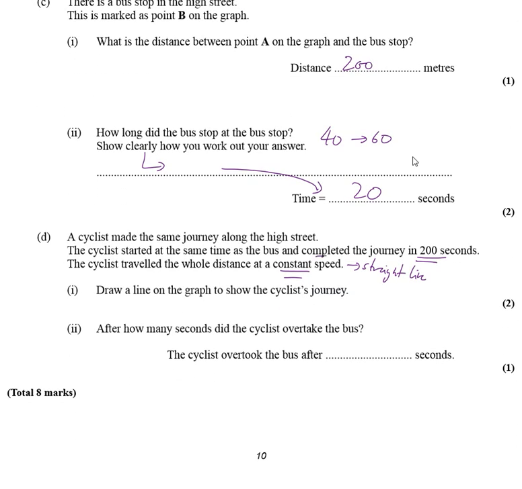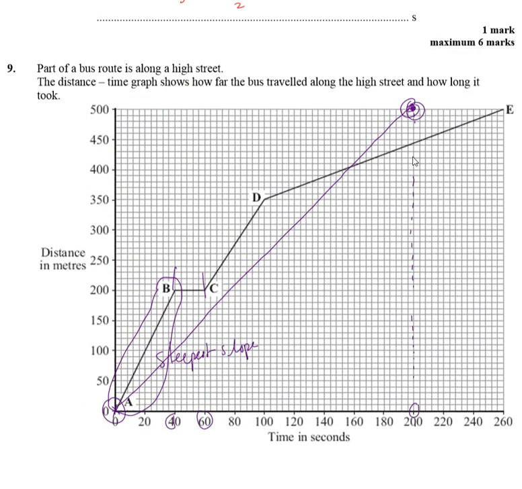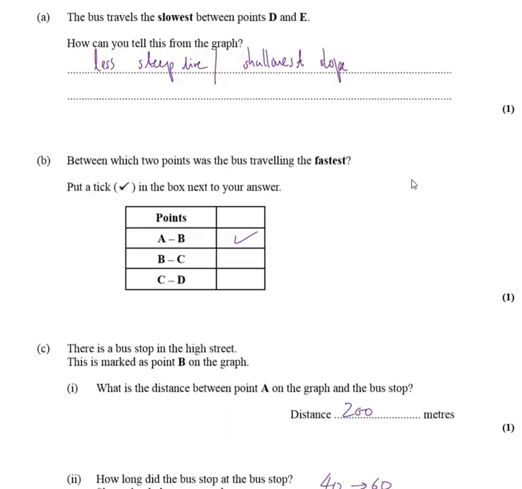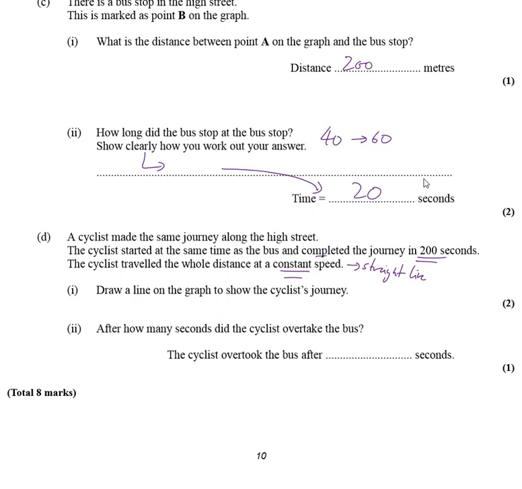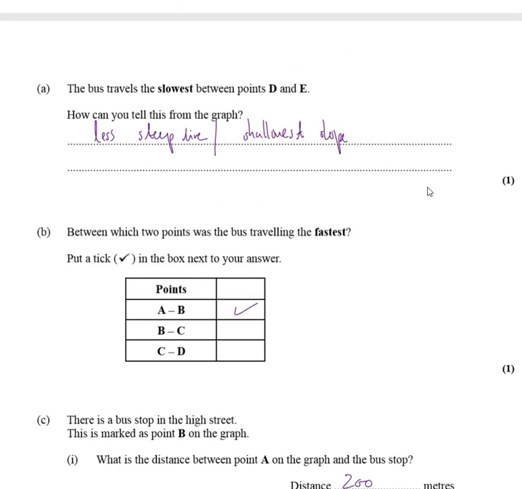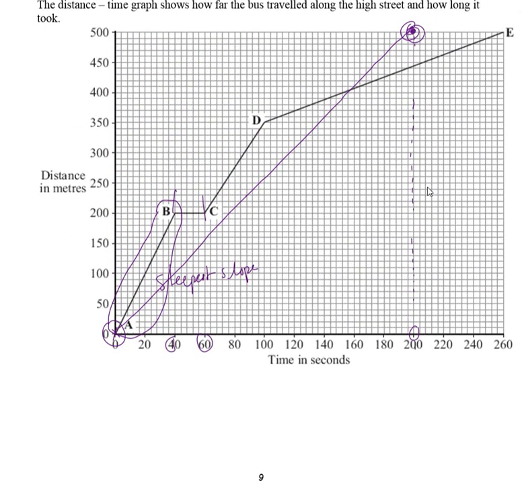Now, how many seconds did it take for the cyclist to overtake the bus? After how many seconds? For this one, going back to the graph, this is where it crosses over.